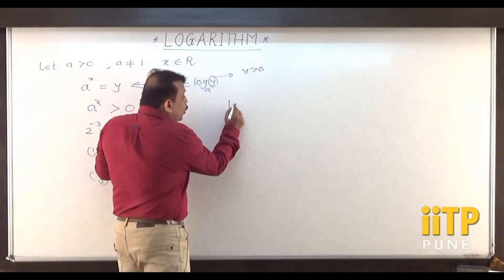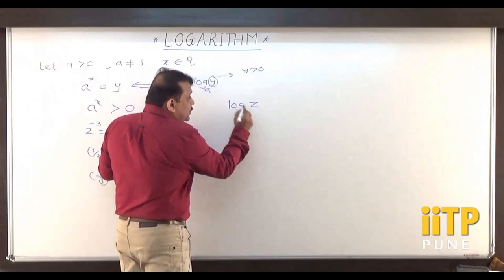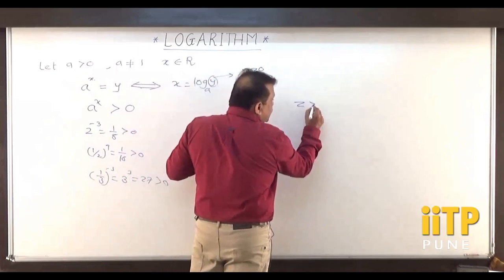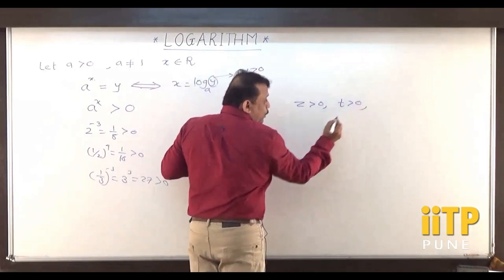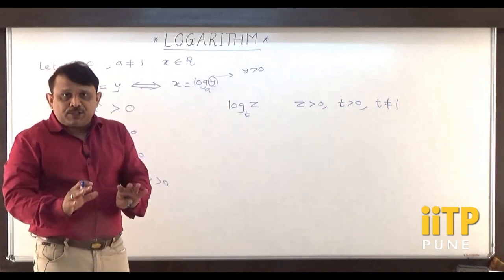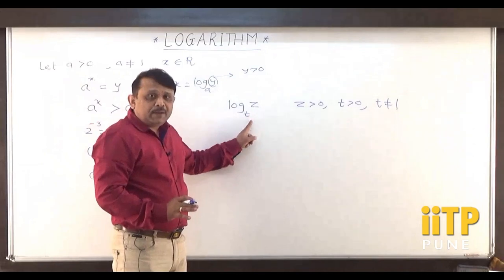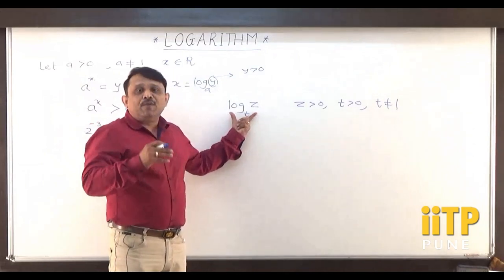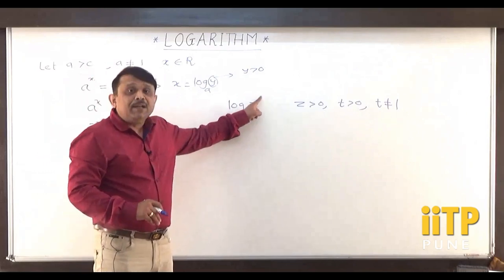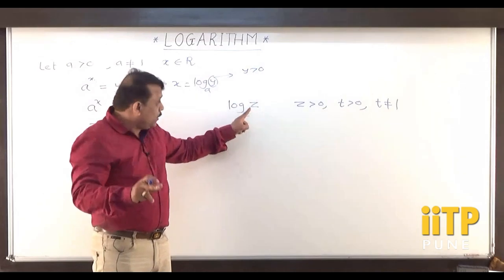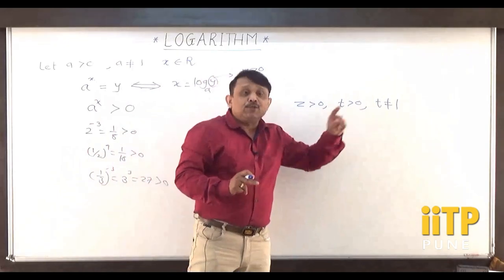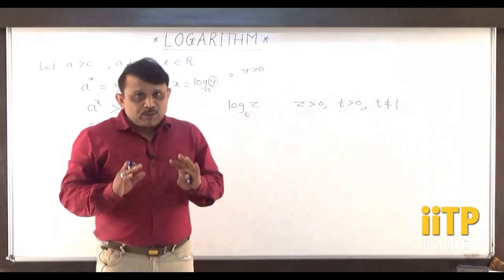So when I write log of z to the base t, this will exist if z is positive, t is positive, and t is not equal to 1. These are the restrictions on the variables in order to define log of z to the base t. So z is always positive, and the base is not only positive, it is also not equal to 1. So these are the conditions.